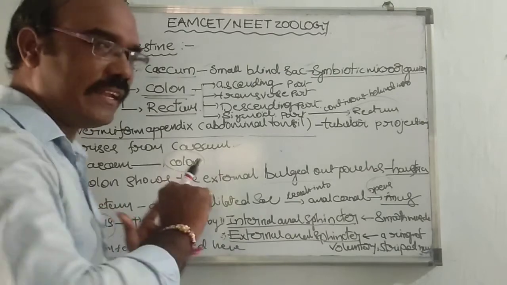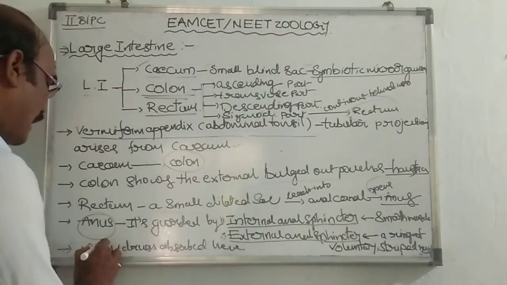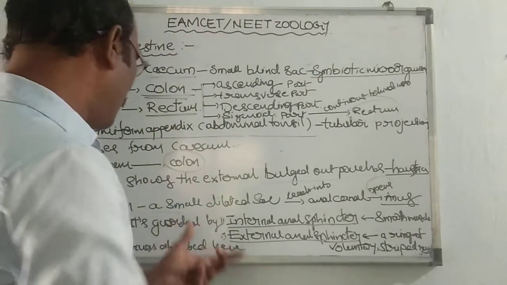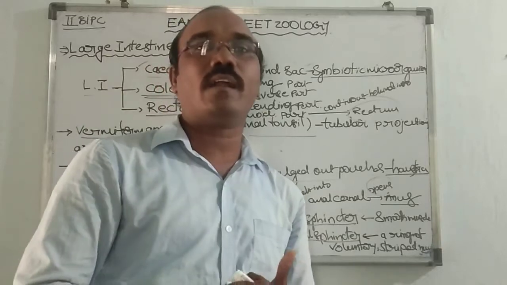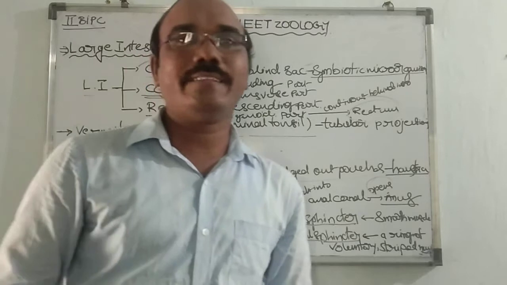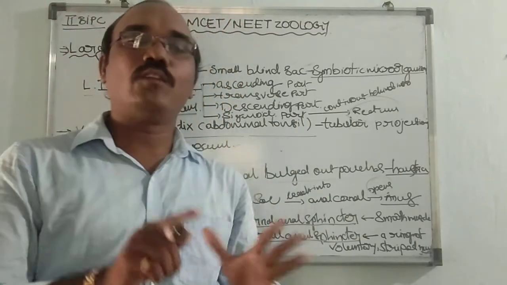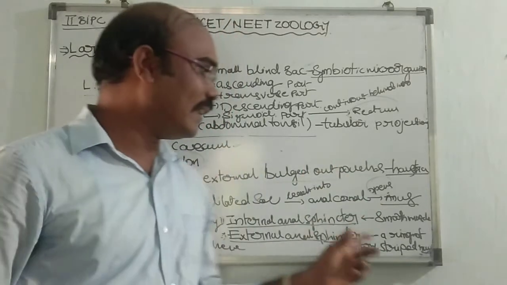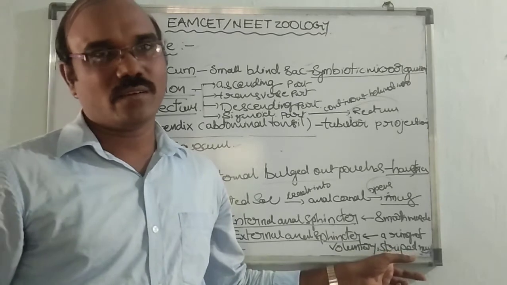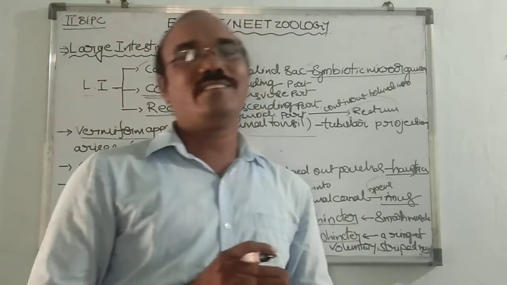As the undigested food travels through the large intestine, water, minerals and some drugs are absorbed through its wall. It secretes mucus to lubricate the undigested food material, forming feces, which finally open exteriorly.